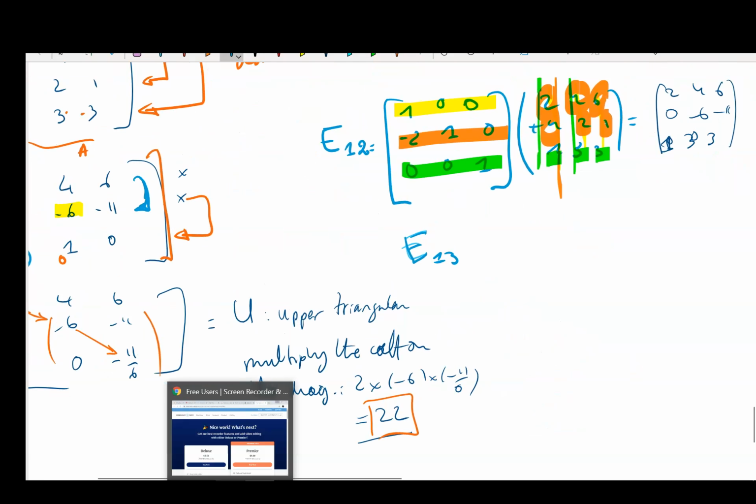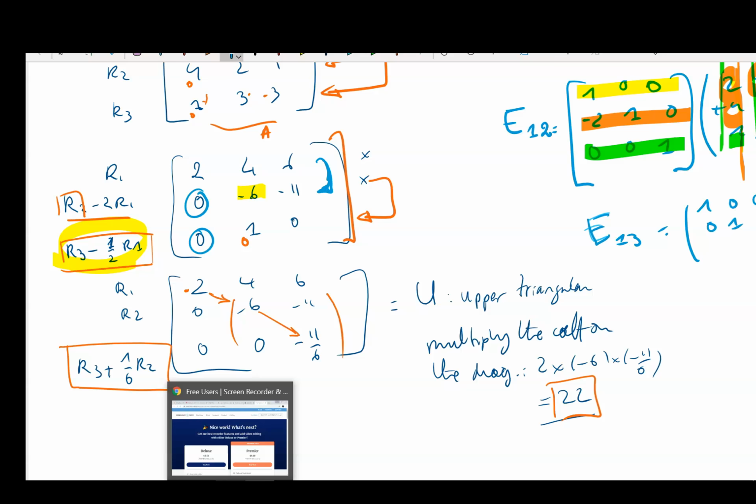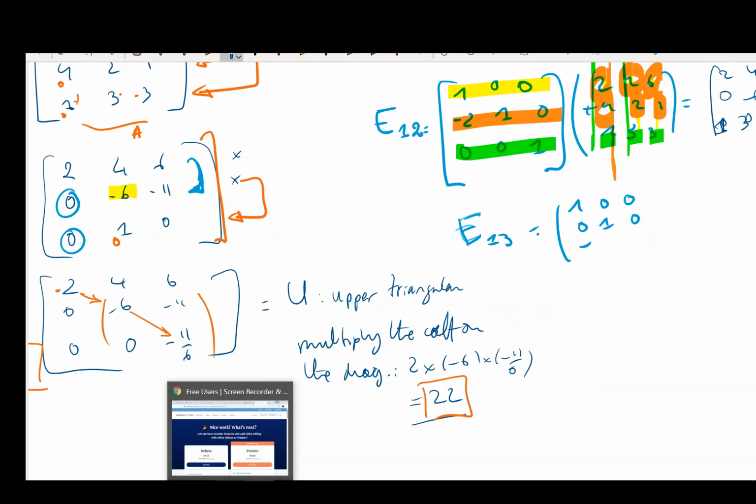And so what would be this matrix? This matrix would simply be given by, well, my first row is going to remain, my second row is not changing, and now my third row, we said, was row 3 minus 1 over 2 row 1, so I get minus 1 over 2 row 1, 0 for nothing on the row 2, and 1 times the other one.